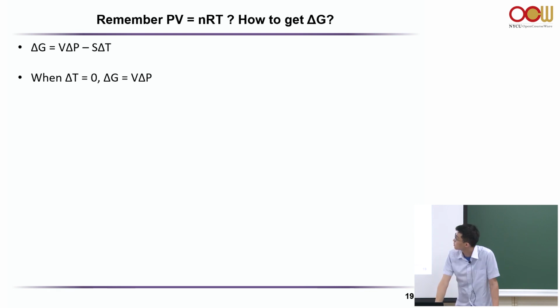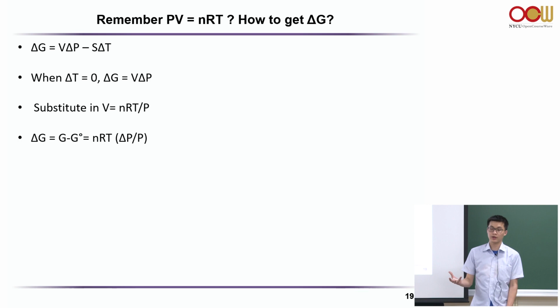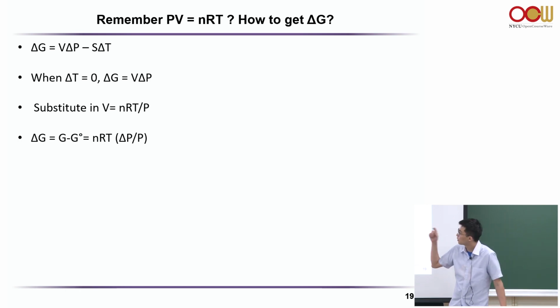When delta T is 0, your delta G will equal the change of pressure. So if we put in PV equals nRT, we can get the change of your free energy. Your product has a free energy, and your reactant has a free energy. You can rearrange the equation and get the change in pressure and how that relates to the change of free energy.